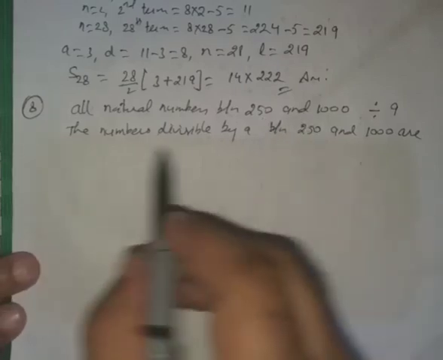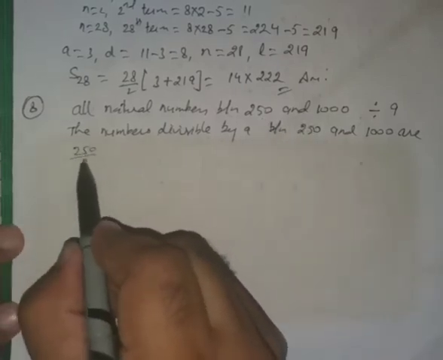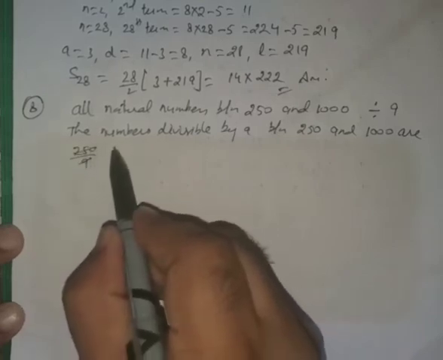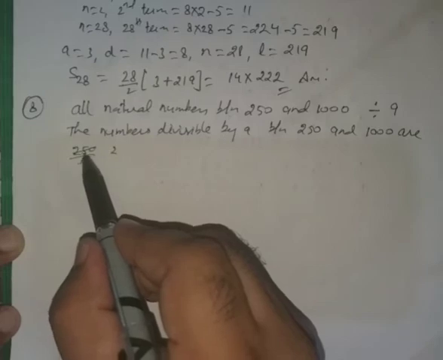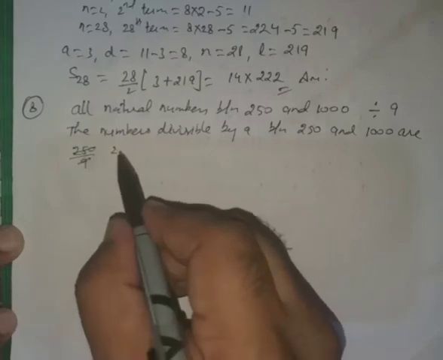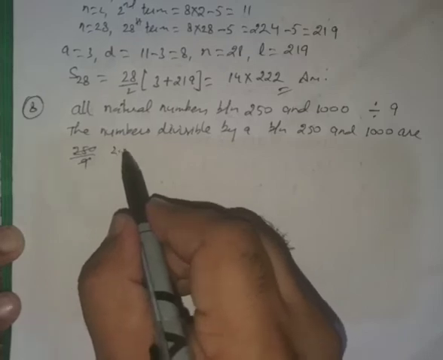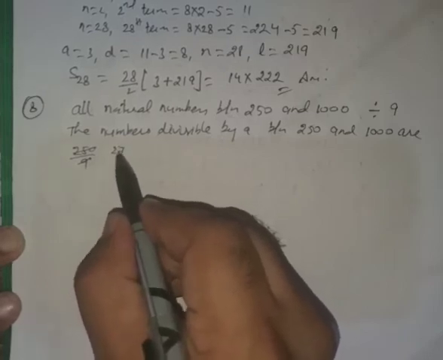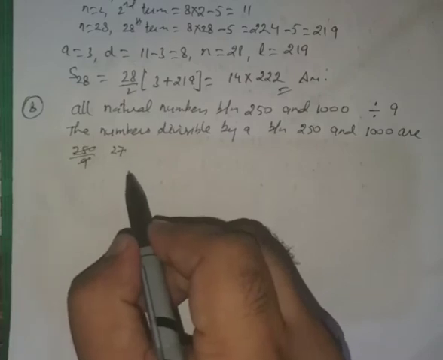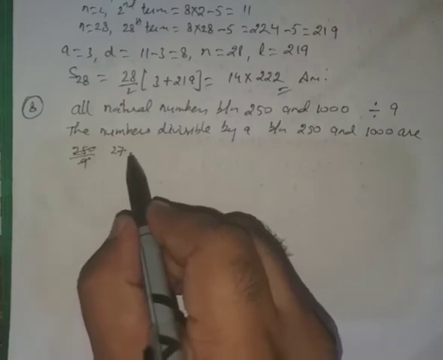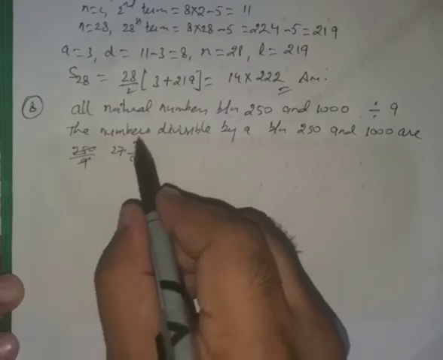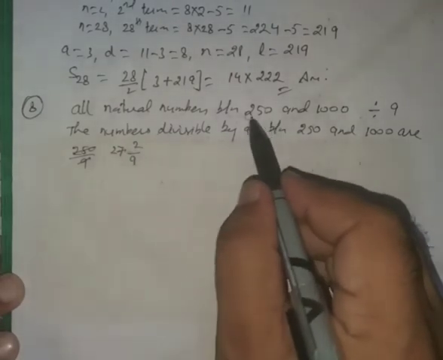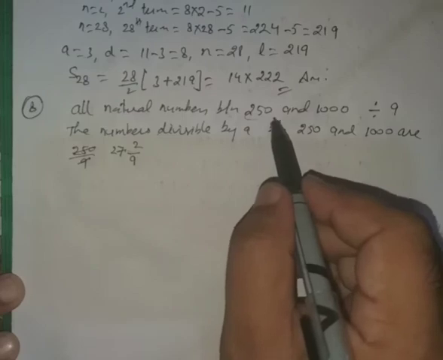If I divide 250 by 9, 9 2s are 18, 70, 9 8s are 72, 9 7s are 63, so 7 will be the balance. So we get 27, and the remainder will be 2. So if I add 2 to this 250, I will get the first term.